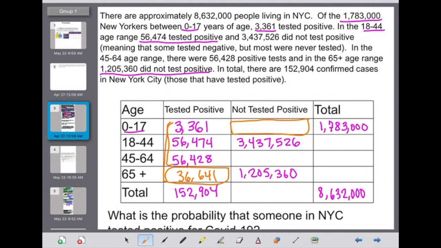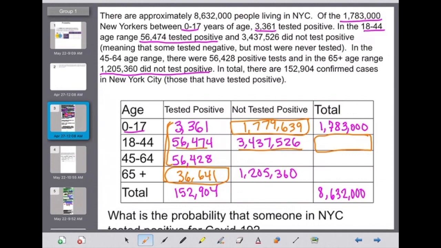So I take that total and I subtract 3,361, and that leaves me with 1,779,639 people that did not test positive. Okay, let's keep going. I have the two here, so I can find my total just by adding them together.